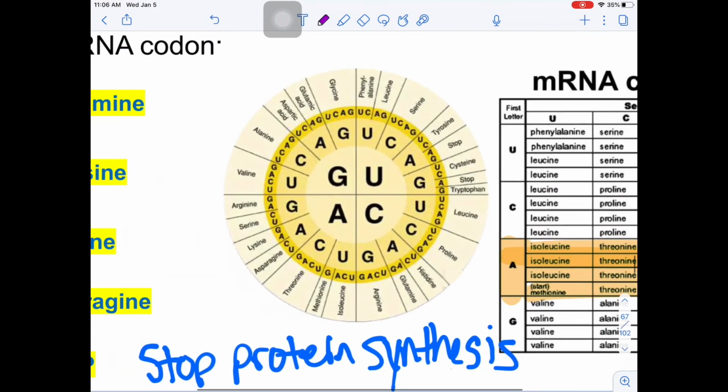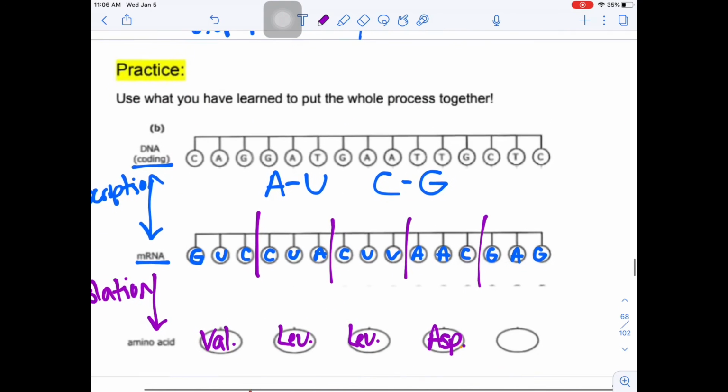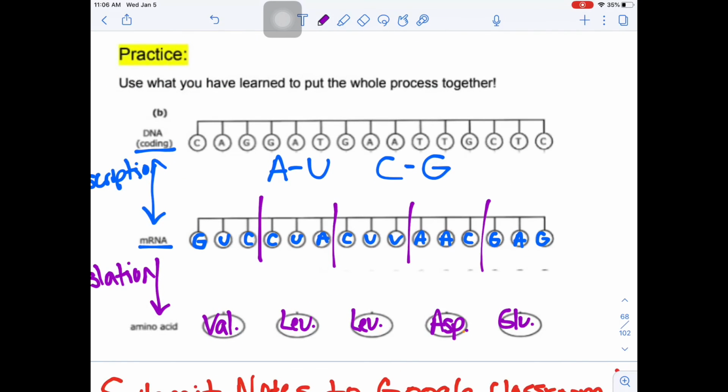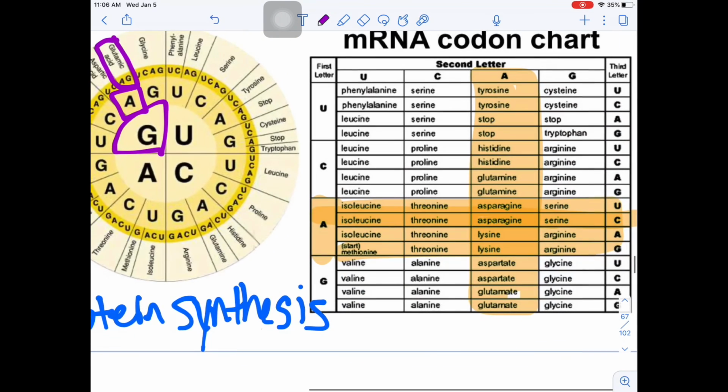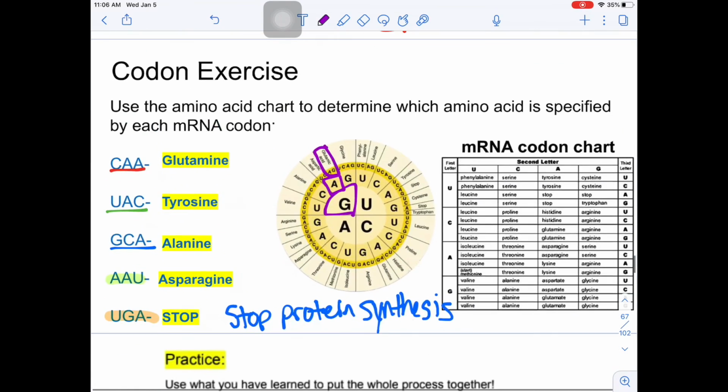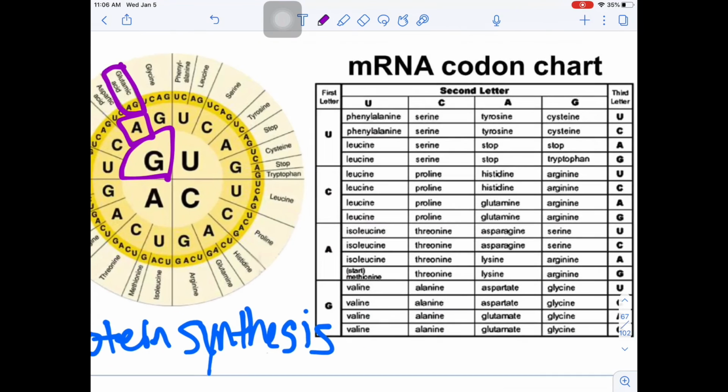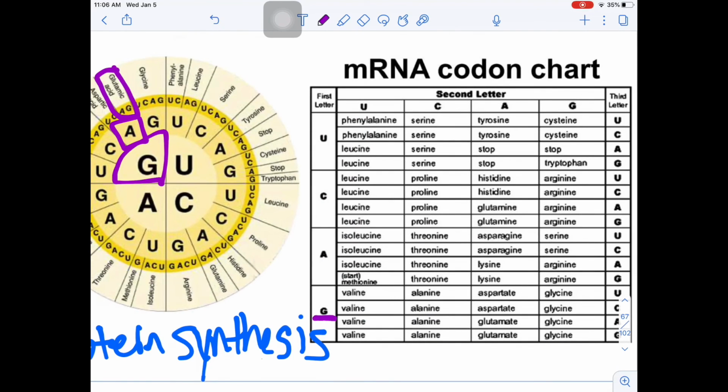I'm going to go back to the wheel for this one. So I've got my GAG is glutamic acid, or GLU. But if you happen to use the chart for that one, you might say, wait a minute, GAG is on this chart something a little different. If we look at the G over here, A, U, or G, is actually glutamate.